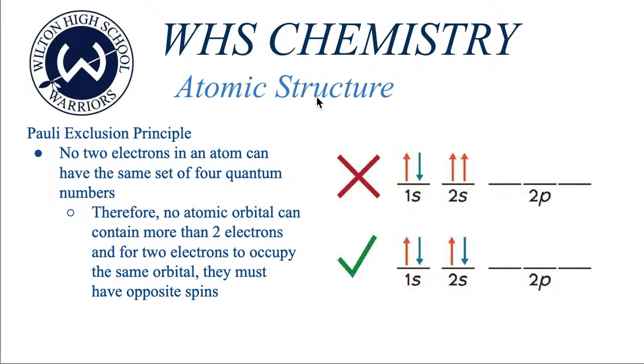In this diagram, in the first one in the 2s, where you can see the red X, those 2 electrons would have the same 4 quantum numbers, which the Pauli exclusion principle says cannot happen, which makes sense because you cannot have 2 electrons in an orbital that have the same spin. So that's the Pauli exclusion principle.